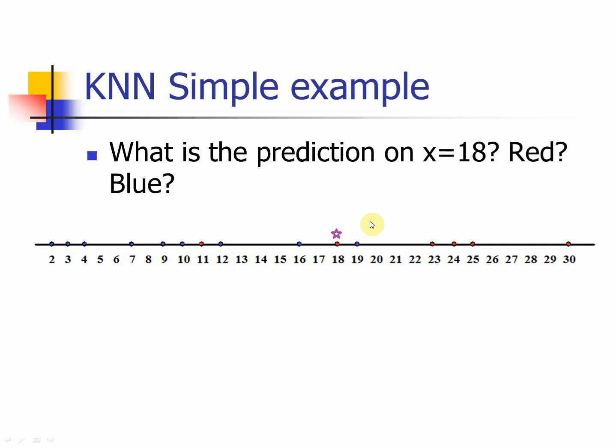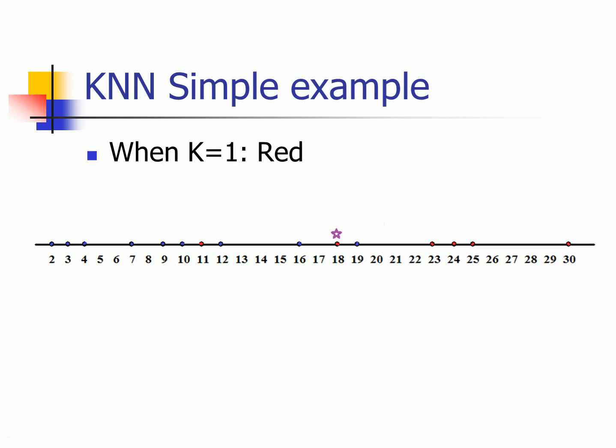And therefore, depending on our k value, this is something I want to show you. If k equals 1, you will try to find the closest neighbor, which is exactly one neighbor, the closest one who has a cell phone. So I will predict yes, it has a cell phone. If k equals 3, you need to understand that you will try to find the 3 closest neighbors, and you will see that 18, 19, and 16 are the 3 closest neighbors.